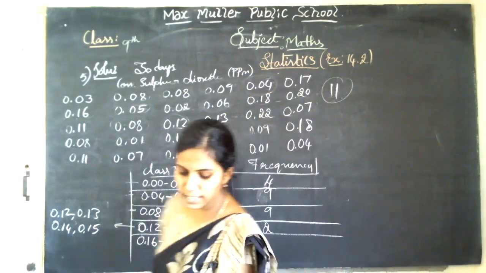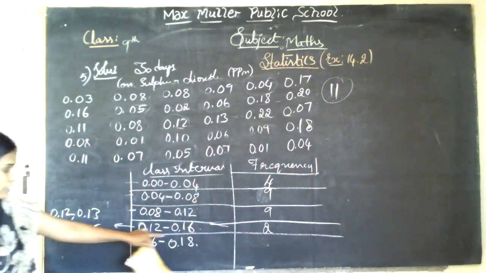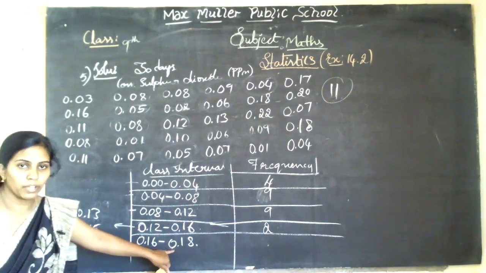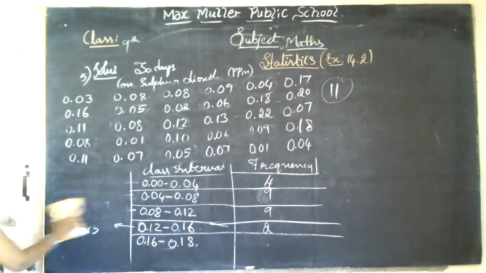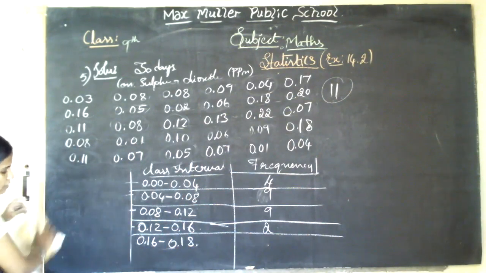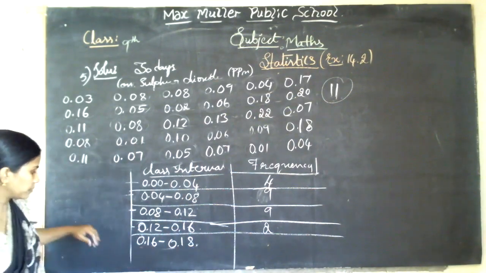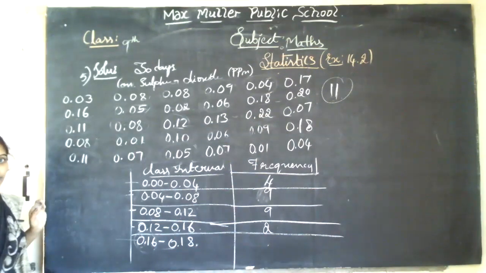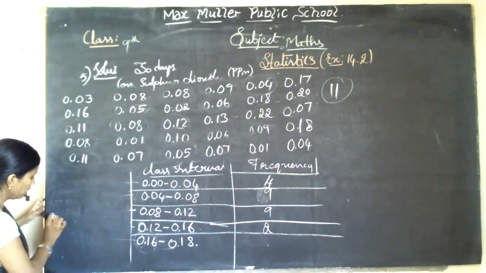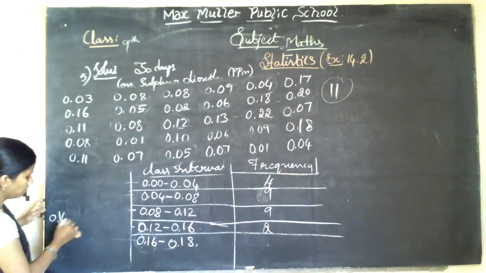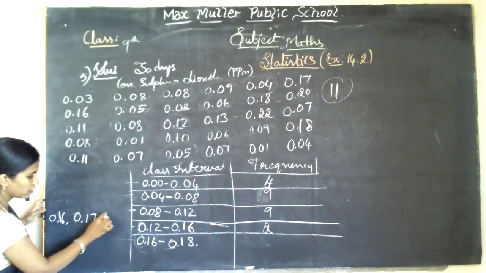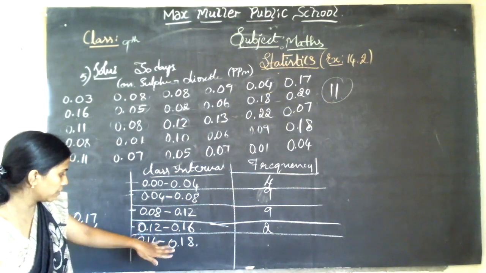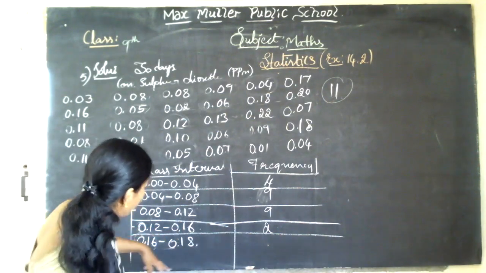What is the class interval for the next? When you take 0.16 to 0.18, here I have taken the class size, not the class intervals. As I told you, the lower limit is 0.16. So you have to start from 0.16, 0.17. No, you have to take 4 as the size.